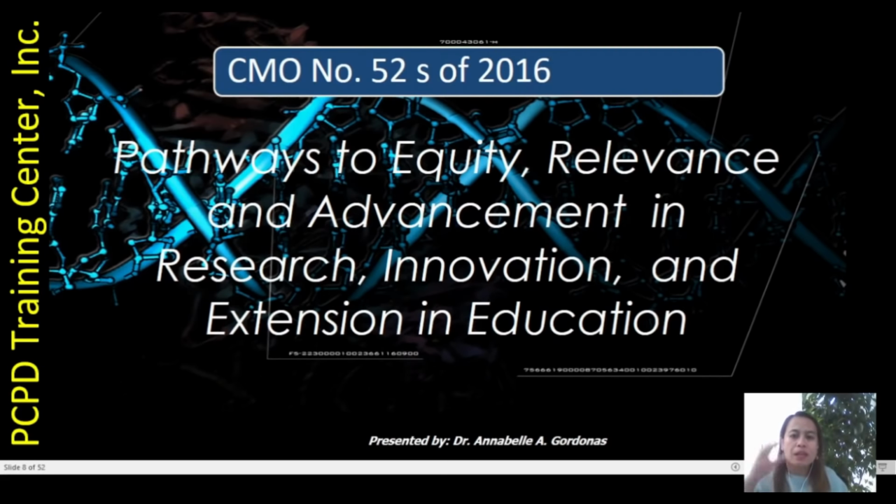Although, may I remind you again, that we should also first take into consideration the psychological needs of the teachers and most importantly our learners. But never forget this: pathways to equity, relevance, and advancement.